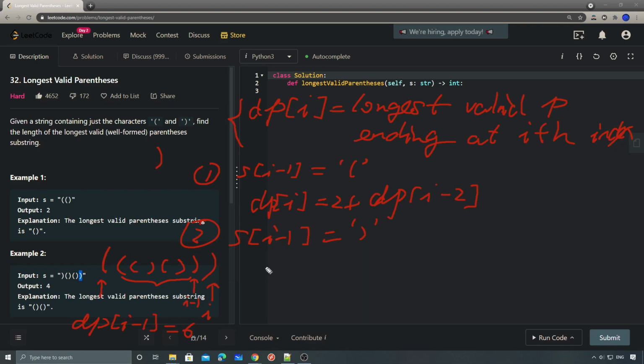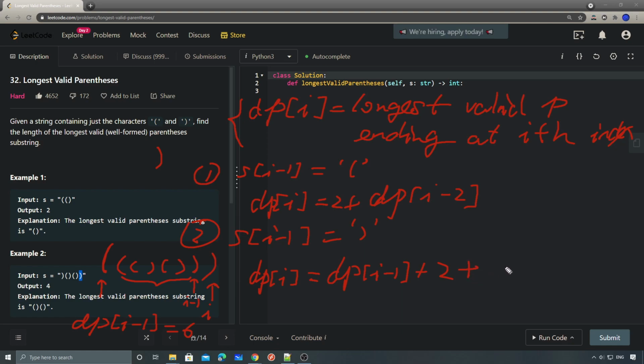Assuming that's the case, the dp state transition function for the second case is going to be this. dp[i] is going to be, first we have dp[i-1], which is this part, and then we plus two. Plus two means the left and the right parentheses, assuming we find that at this position there's a matching left parenthesis.